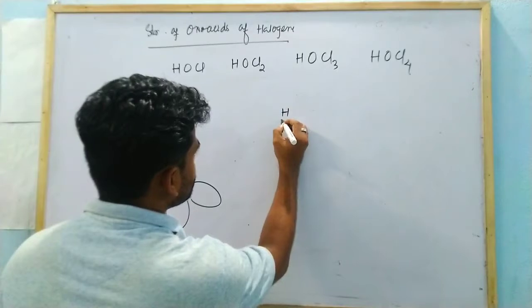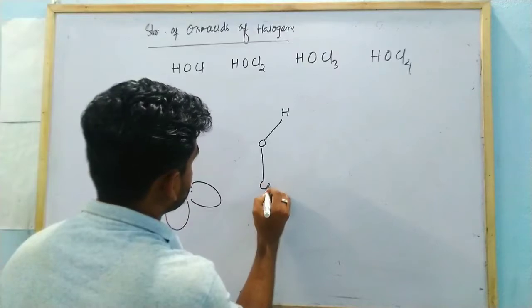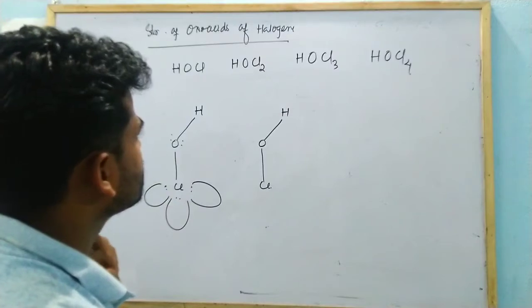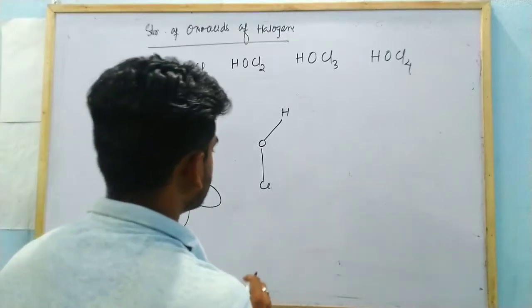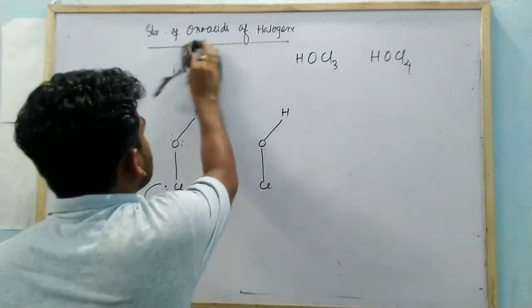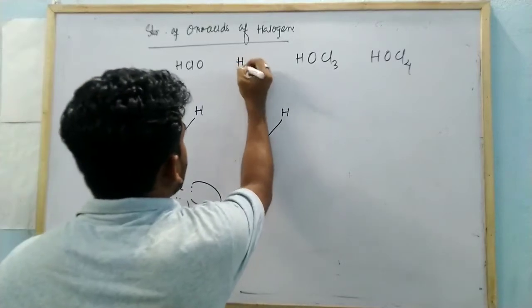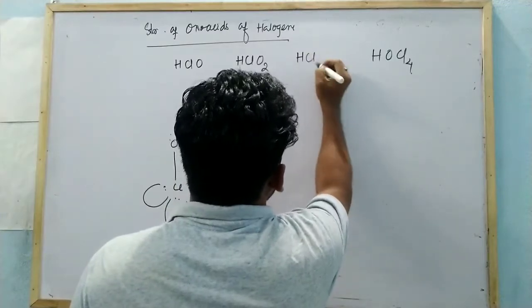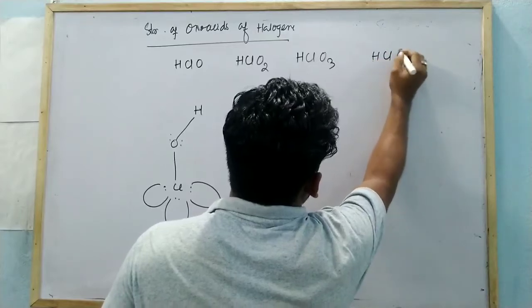Then HO, oxygen having 2 lone pairs of electrons, Cl. HClO, HClO2, HClO3, HClO4.